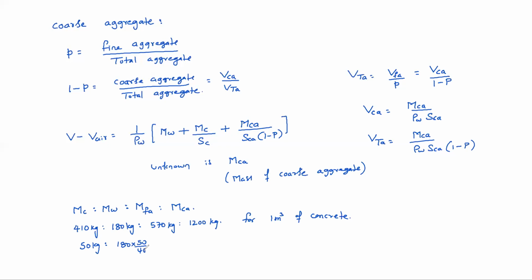This also, 570 multiplied with 50 and divided with 410, and 1200 also we need to multiply with 50 and divide with 410. So 50 kg of cement means one bag of cement. For one bag of cement we need to add that much water, that much mass of fine aggregate and that much mass of coarse aggregate.